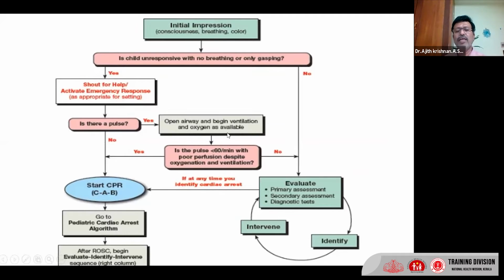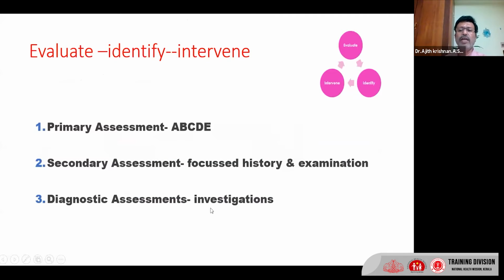And even after giving ventilation, if the pulse is less than 60 and there is poor perfusion, you start CPR. And if there is no pulse also, you start CPR and go to the pediatric cardiac arrest algorithm. When the child becomes better, you can evaluate, identify, and intervene appropriately. So you have to evaluate the child, identify the problem, and intervene appropriately.